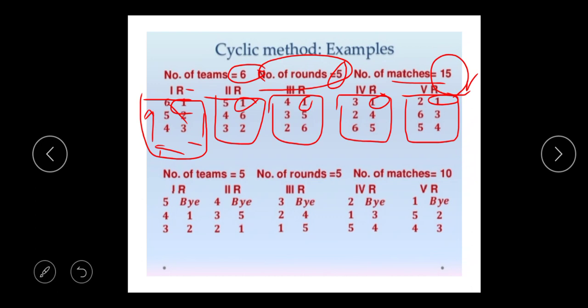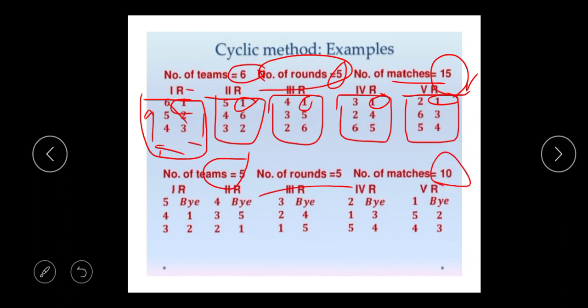See here, the number of teams is odd, 5 is an odd number, so the number of rounds is also n. N means the number of teams is the total number of rounds. The number of teams is 5, then 5 rounds are there. Because the team count is odd, the match formula is the same.